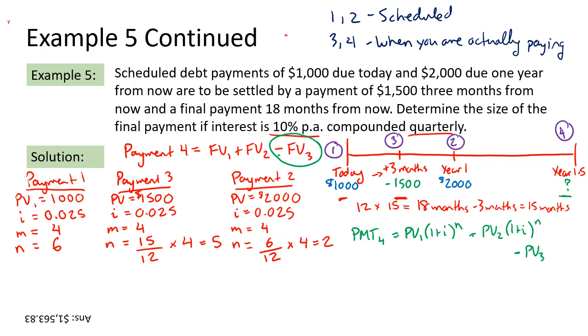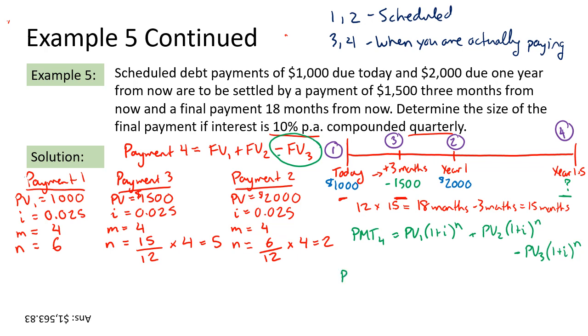Again, that's the amount you've actually paid off to reduce your debt. That's why it's being subtracted. Times 1 plus the periodic interest rate, and that's also raised to the exponent n.